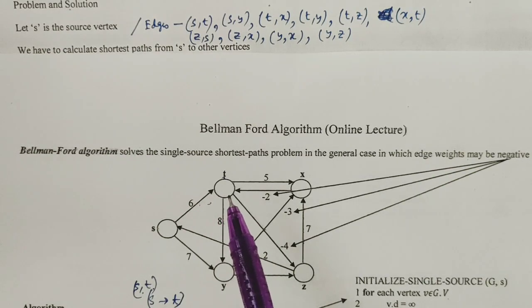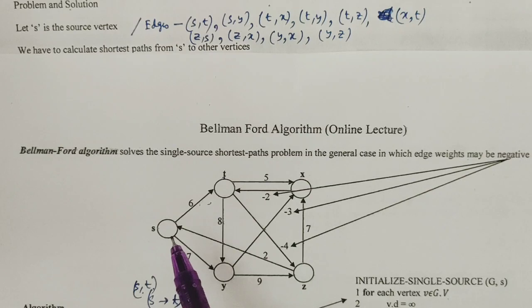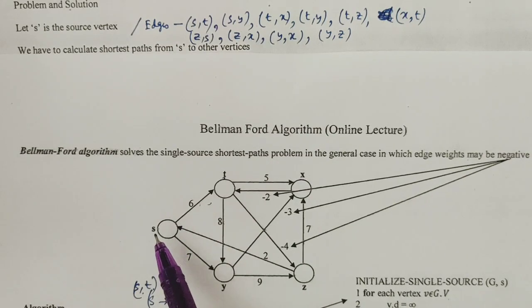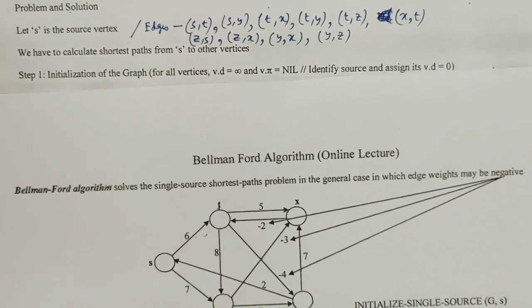That's why d parameter value, which is called shortest path estimate for the vertex, is initially assigned as infinity, and pi value of all the vertices, which is called the predecessor, is assigned as nil. Let us again tell that S is a source vertex, so shortest path estimate for source is assigned to 0, that is S dot d will be 0, and the entire process is called the initialization process.